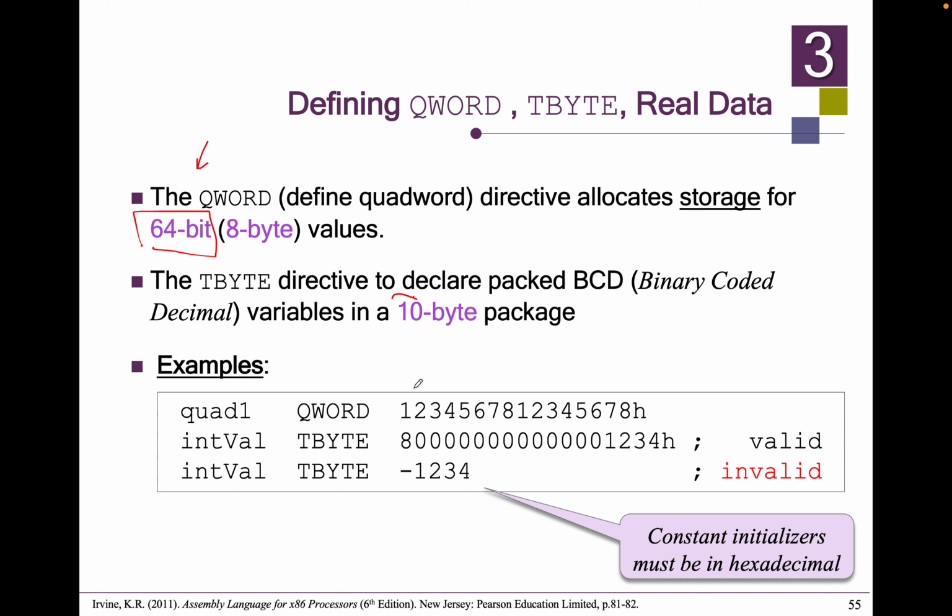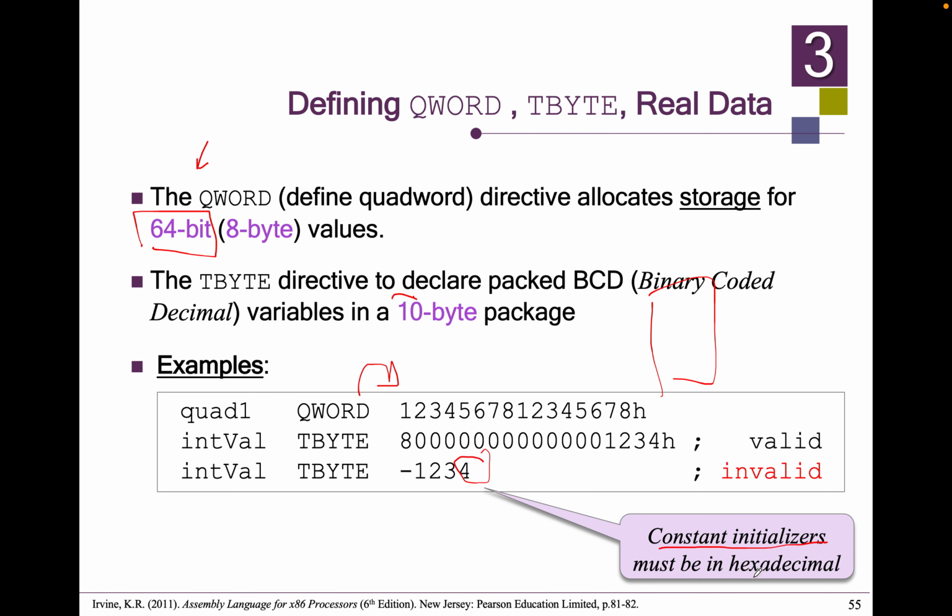You have 1 box for 1 byte, so altogether you're going to have 10. And here is an example. Maybe you can try to draw the table because it's quite long. TBYTE is another 10, TBYTE another 10.